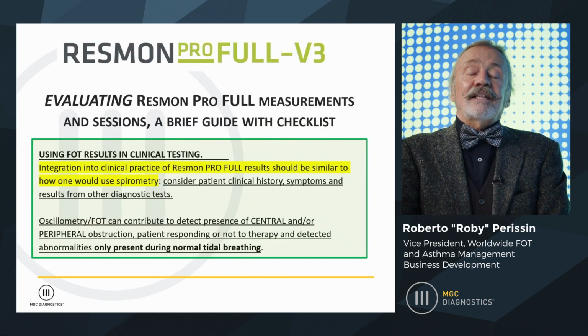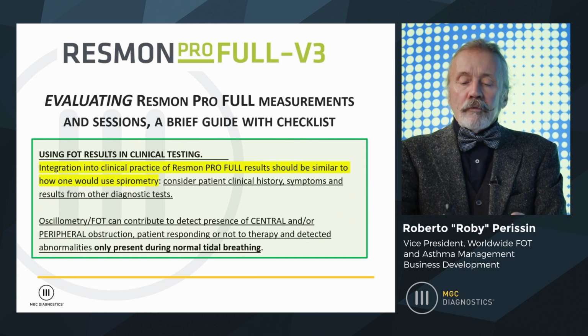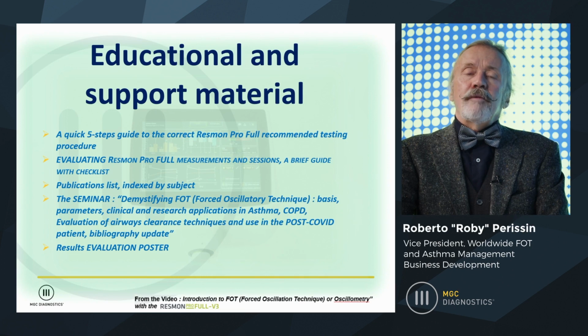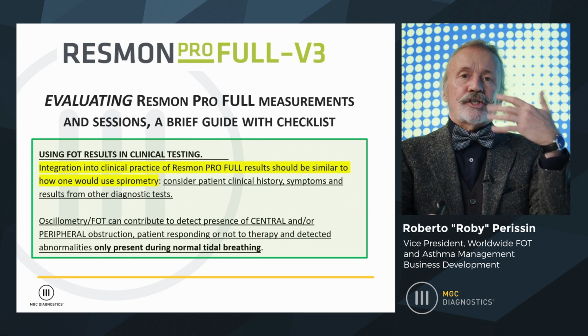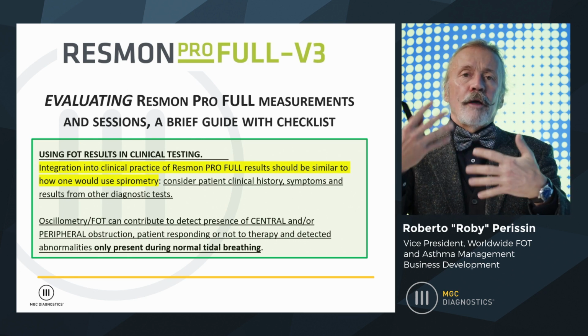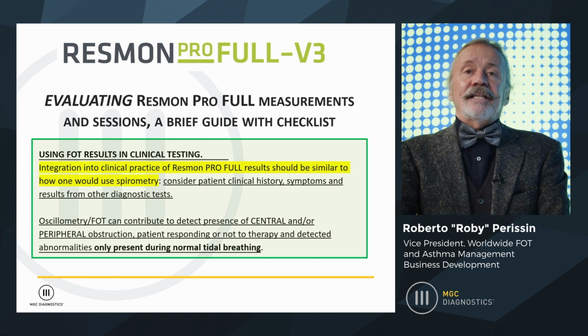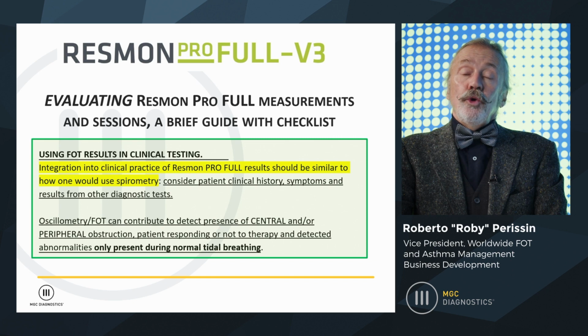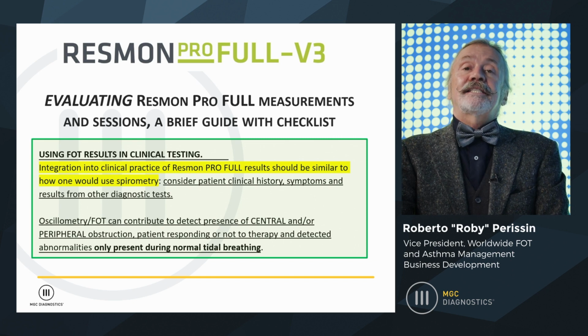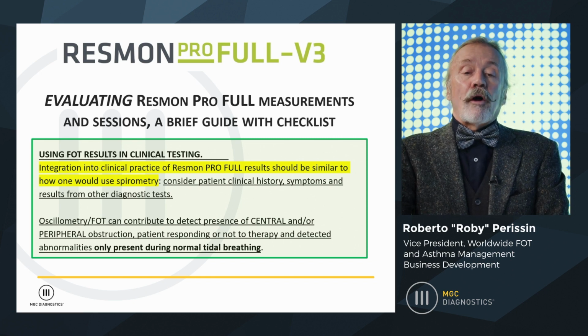The evaluation of the test is actually now very simple, simpler than we thought. It is important to remember that now that we understand that oscillometry measures simply central and or peripheral obstruction at tidal breathing better than spirometry, you can use oscillometry exactly the way that you would use spirometry.